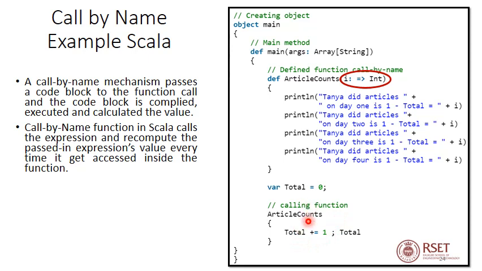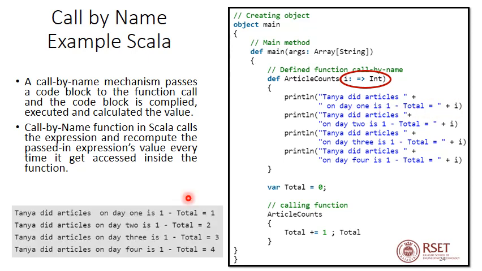The initial value of total is 0, so total plus equal to 1 is 0 plus 1, which is 1. It will print Tanya did articles on day 1 is 1, total is equal to 1.